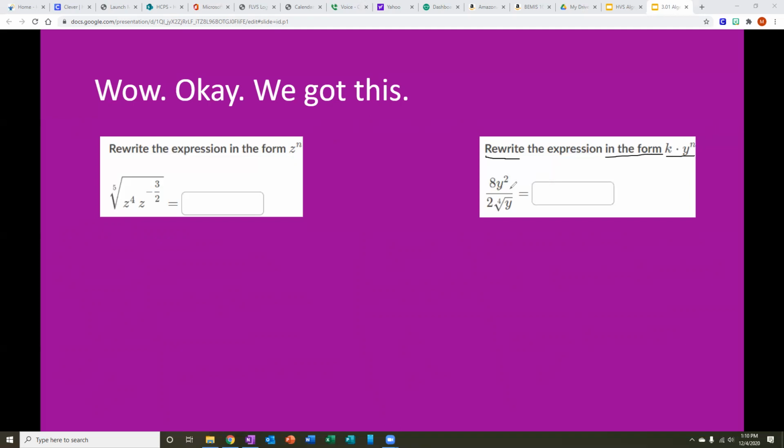And when I look at my problem, I see division with a root. So I know that this is going to require some inverse operations because I'm going from division and roots to multiplication and exponents.